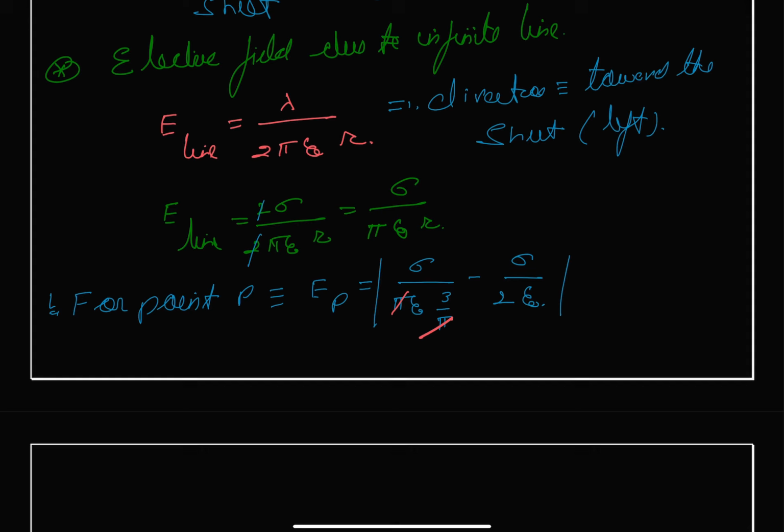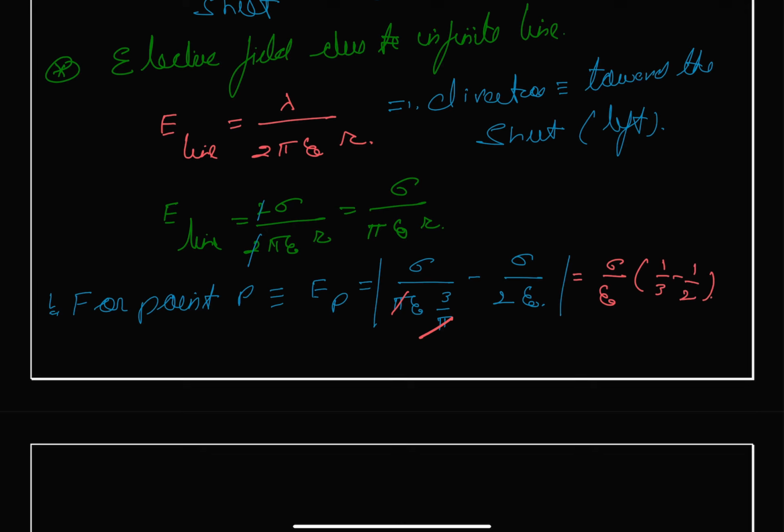So our LCM will be 6. So this comes as sigma upon epsilon naught times 1 by 3 minus 1 by 2.